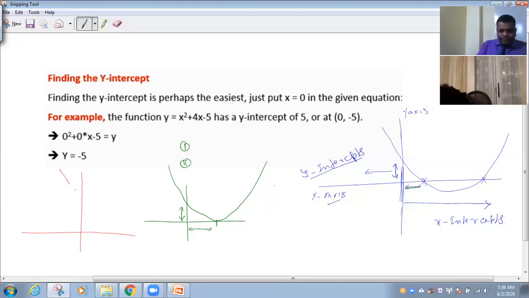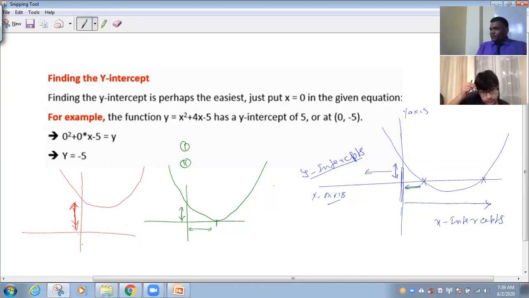See this graph. You can see we have only a y-intercept.